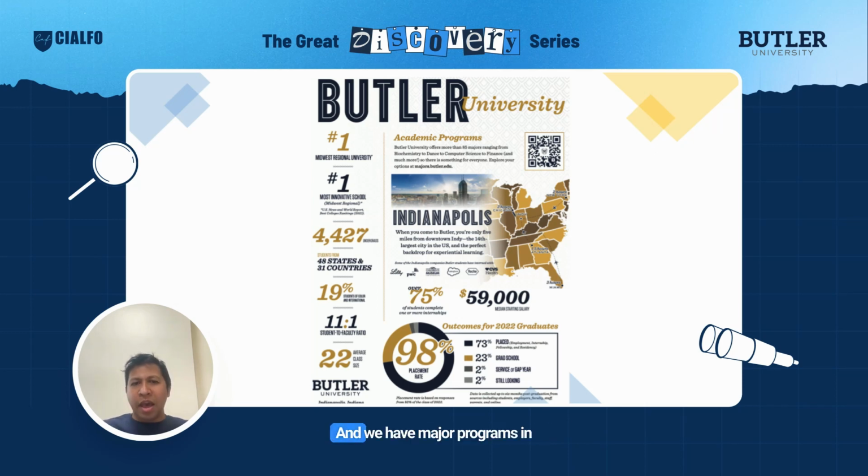Okay. And we have major programs in computer science, business, pharmacy, pre-med. We have very good music, theater, that type of programs also. And one of the big perks of being at Butler is it's located in Indianapolis. It's one of the biggest cities in the whole Midwest, and it's the 14th largest city in the whole US.